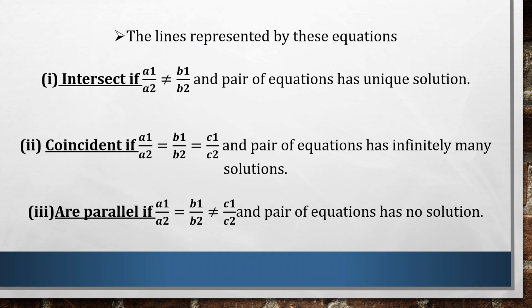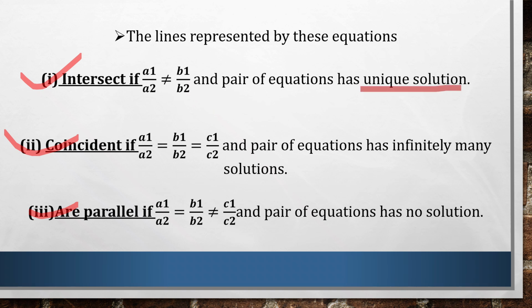And also we have three conditions which are very important. You have to know these three conditions. If you see here, the lines represented by these equations intersect if a1 by a2 is not equal to b1 by b2, and the pair of equations has a unique solution.